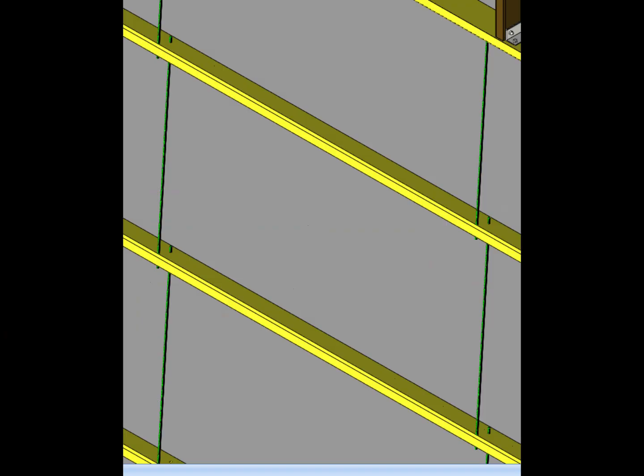Now let us take a much closer look at the side wall sag rod in this real PEB 3D model. In the previous slides, we identified the location of sag rods from the framing drawings.